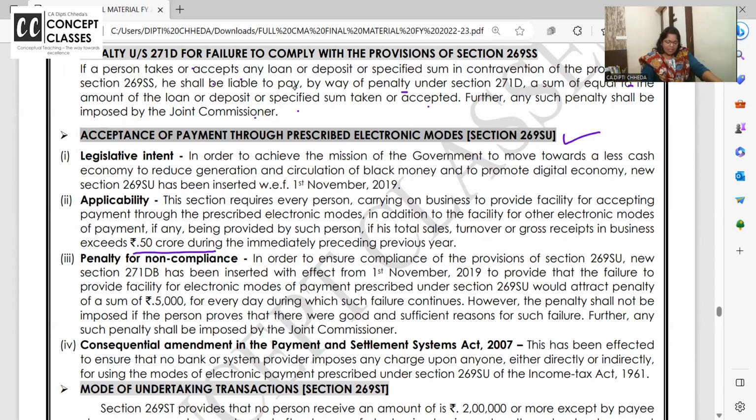Meaning my business turnover is 60 crore. Can I say, sorry sir, I don't have UPI and card swiping facility, give me cash only? No, I need to maintain all the online modes of payment. Why do retailers maintain all of this?